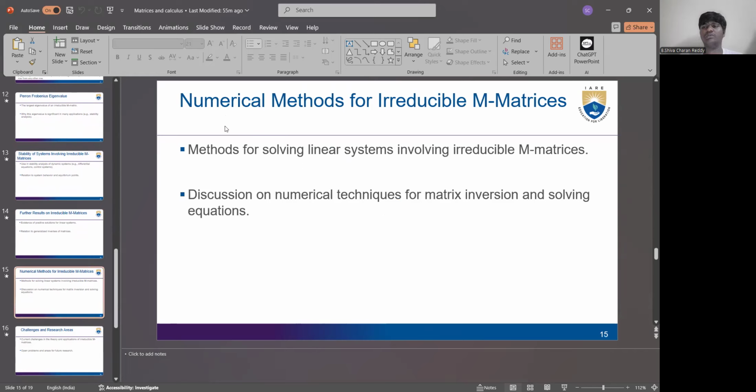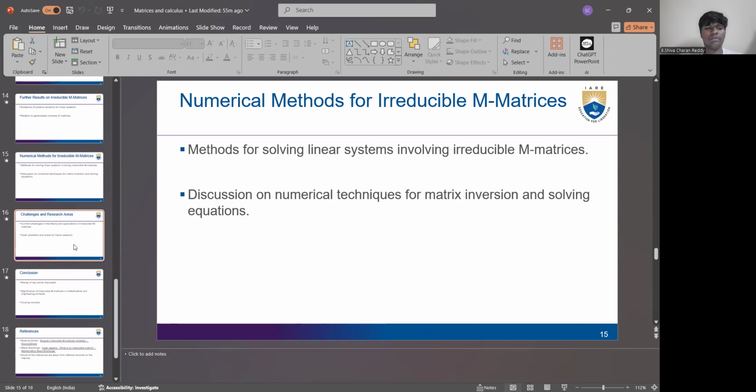Numerical methods for irreducible matrices: methods for solving linear systems involving irreducible matrices. There are also many methods used to solve the matrices, as we discussed earlier, by using the Frobenius theorem, and you can also use many other methods. We can discuss different numerical techniques for matrix inversion and solving these equations.